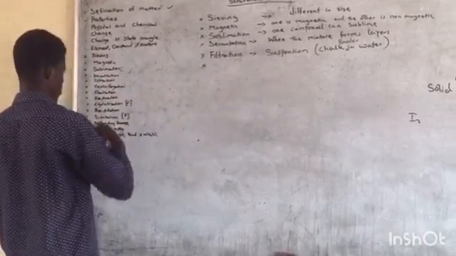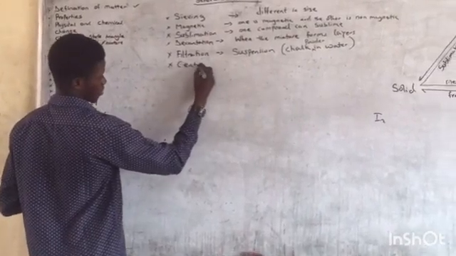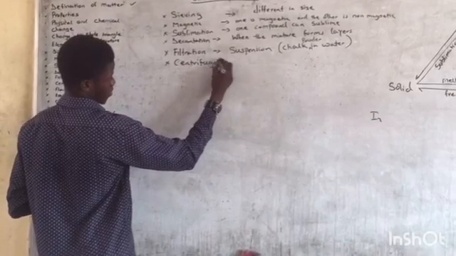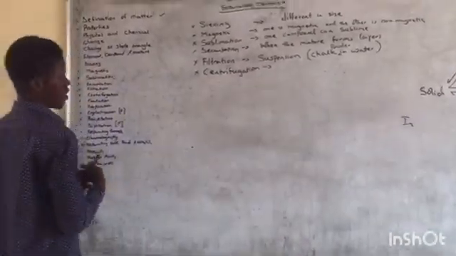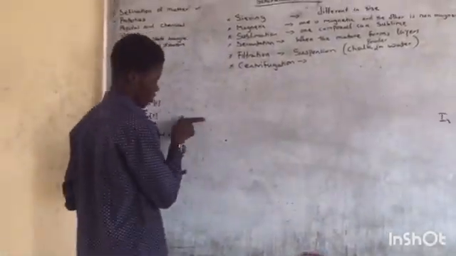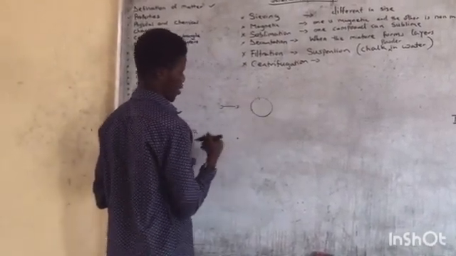So the next one, centrifugation. This is physics. Centrifugal, centripetal. What's centripetal? I used to know centripetal as the force, just like gravity, making things fall towards the earth.